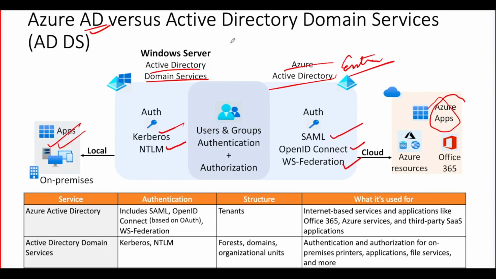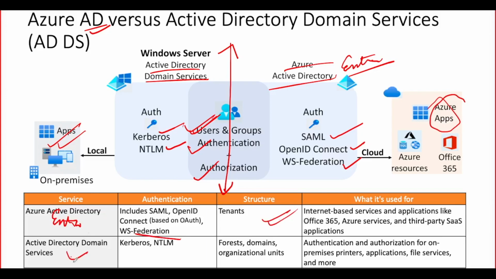So that's a clear difference, but we need to understand that in both the environments, Active Directory Domain Services or Entra, we use users and groups we create for authentication and authorization in both the cases. So Azure Active Directory or Entra includes SAML, OpenID, WS Federation, and a tenant-like structure is there.